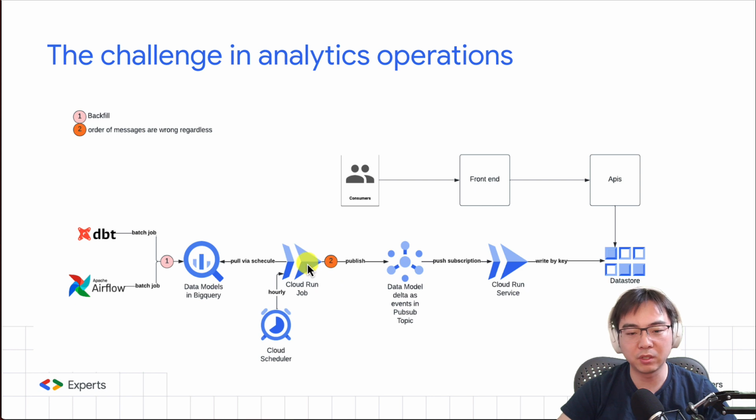If it's not accurately tracked, the order of messages is wrong regardless, because if you resend something that has already been sent, let's say days ago, into the Cloud Run job, and that goes into the PubSub topic and then into the data store, things can go backwards.